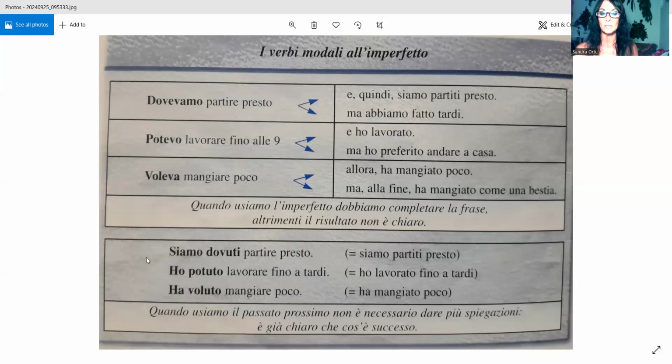Instead, when we use passato prossimo, we are saying immediately what did happen because we had to, we could, or wanted to. So this is very important to remember, not easy at all, because many get confused. And it's not just confusion, it really is about learning and practicing enough. It is not an easy rule to remember.